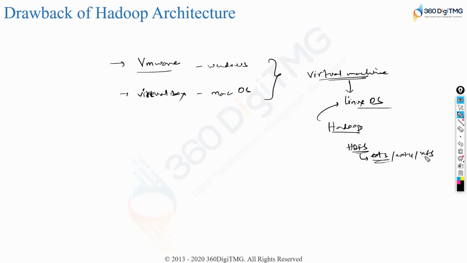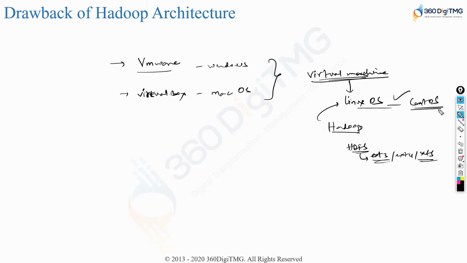And the commands that we are going to learn are very similar to Linux commands. For that reason, we have to use Linux. If you already have Linux, fine. If you do not, then you can create this virtual machine, and we are going to use a free operating system called CentOS.